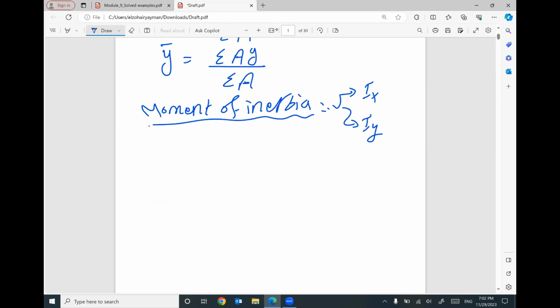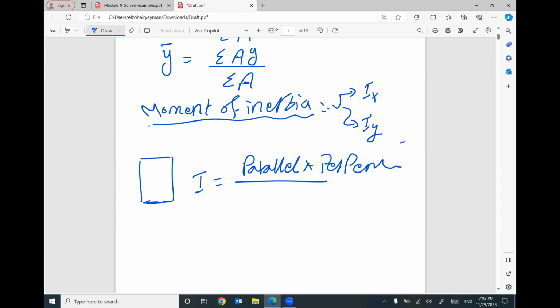Moment of inertia for a rectangle cross section equals parallel times perpendicular cubed divided by 12.